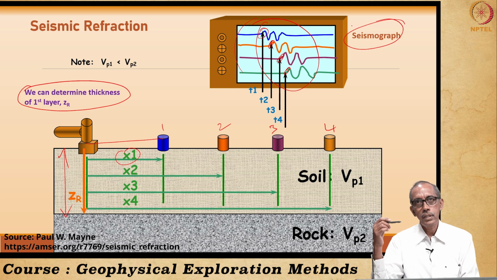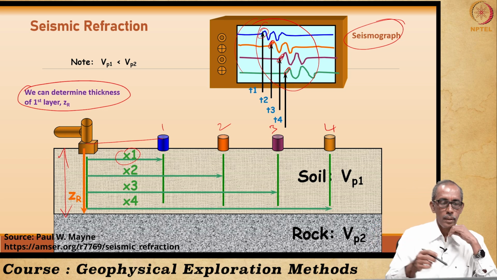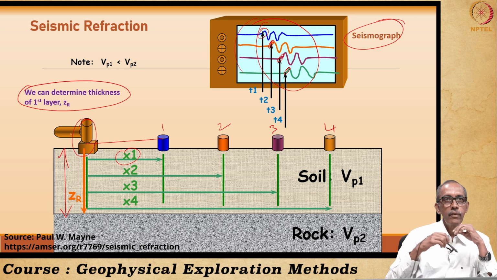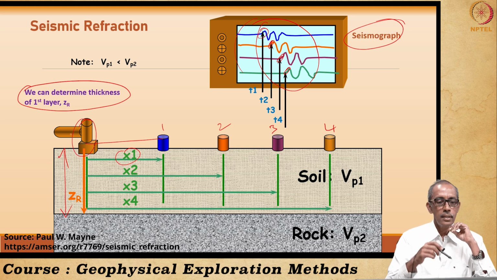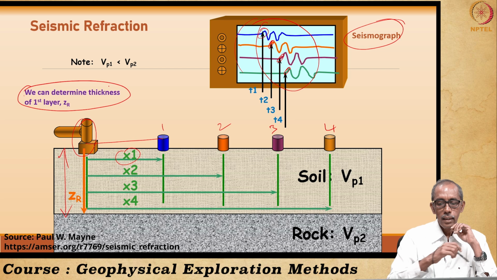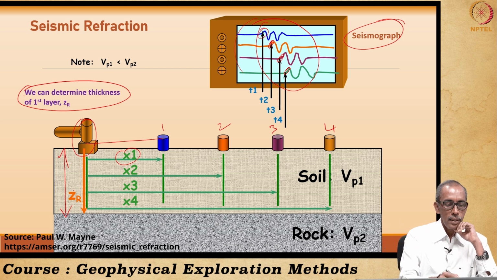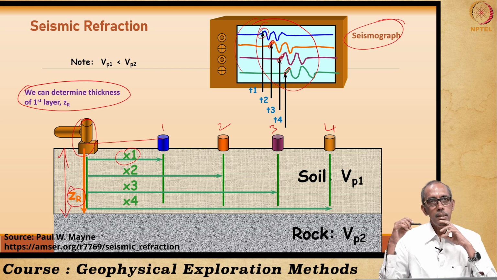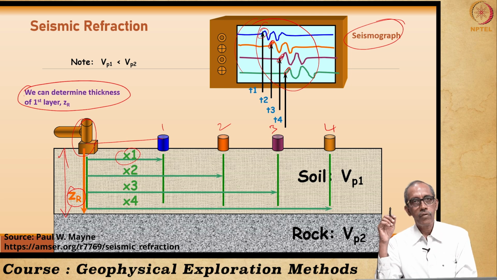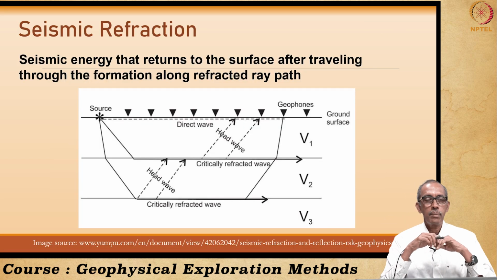We have used a 4 channel seismograph. All these 4 channels are recorded. Now we have the arrival times and the distances of these geophones from the shot point, that means the location where we have energized the ground. Using this, we can determine the thickness of the first layer, that is in this diagram represented as ZR, right. So, this is in brief about the seismic refraction method.